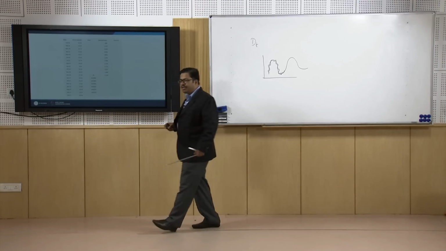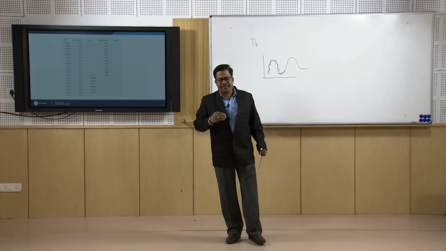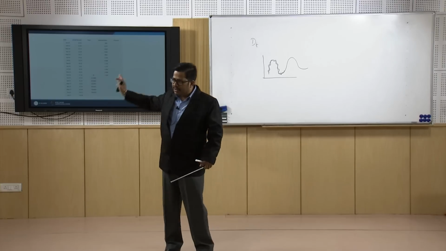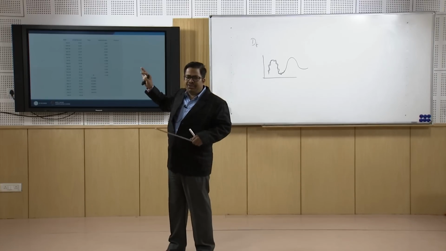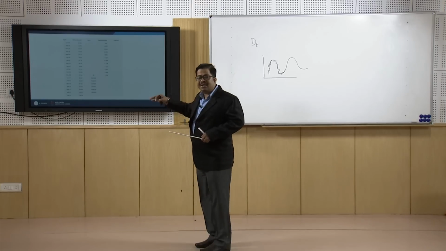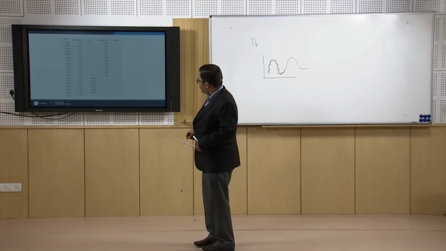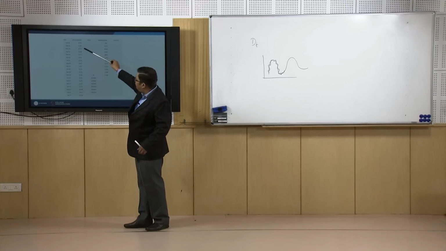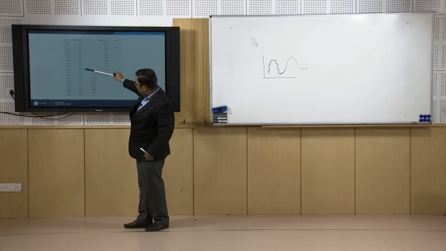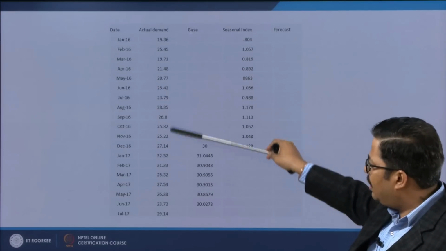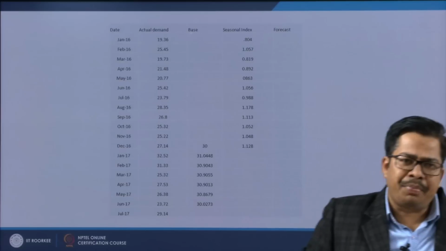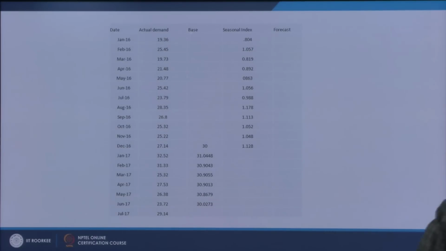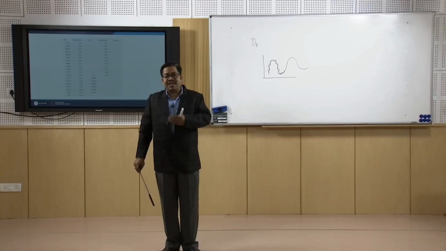But here comes a question in our mind. I know that I am going to discuss a ratio seasonality model, so I know that the demand is seasonal in this case. But if you see this data, just 19.36, 25.45 and so on for the entire 2016, it is very difficult to say with the naked eye that this is seasonal demand data.